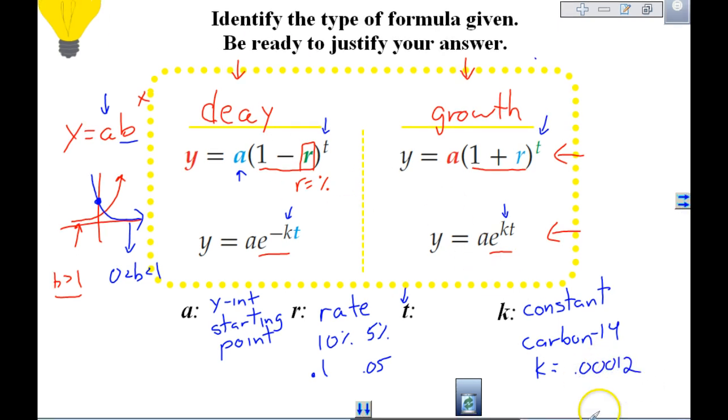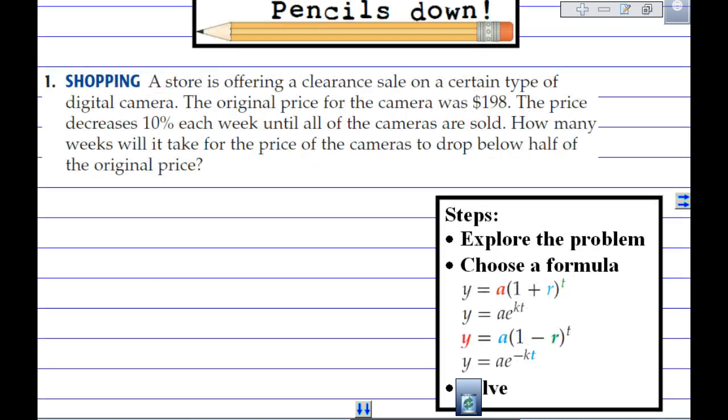Okay, so let's look at a few of these. I'm going to be focusing mainly on choosing the right formula and setting it up. Most of the work afterwards is just stuff that we've already done. So my main focus is our selection process.